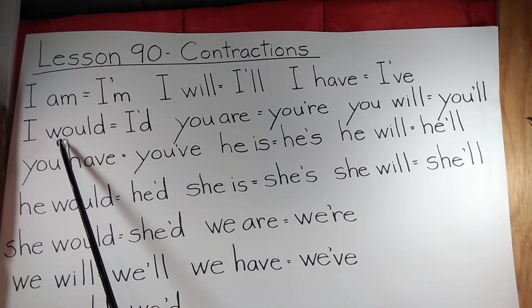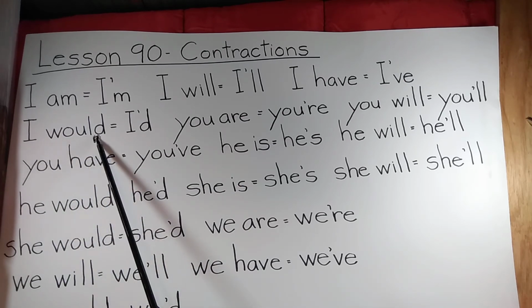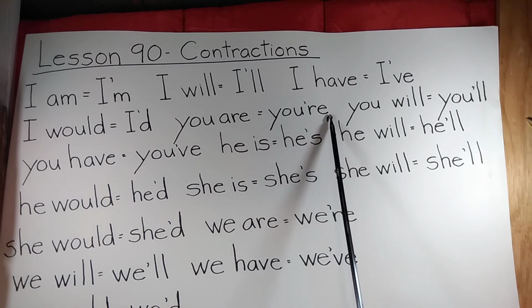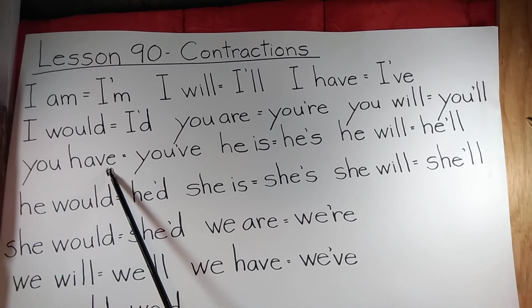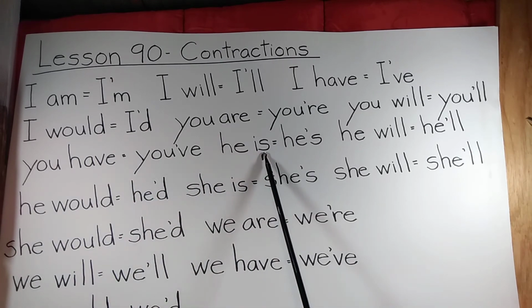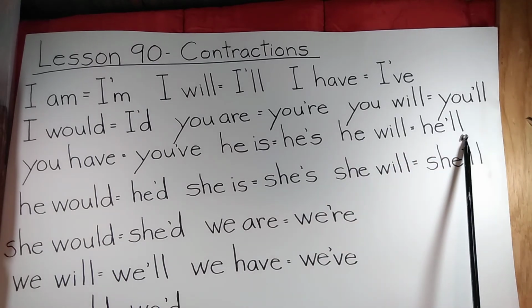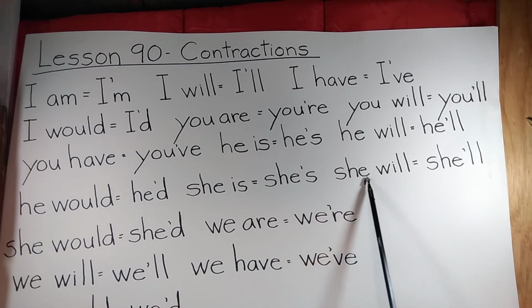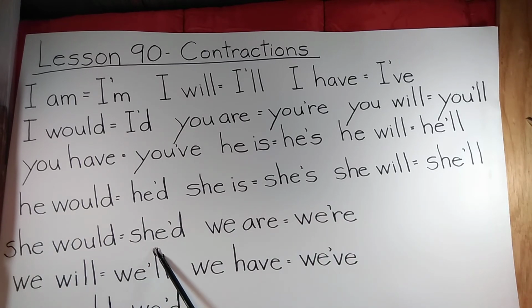So there the apostrophe stands for four letters. You are, you're. You will, you'll. You have, you've. He is, he's. He will, he'll. He would, he'd. She is, she's. She will, she'll. She would, she'd.